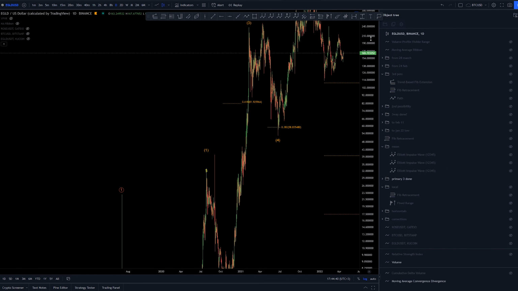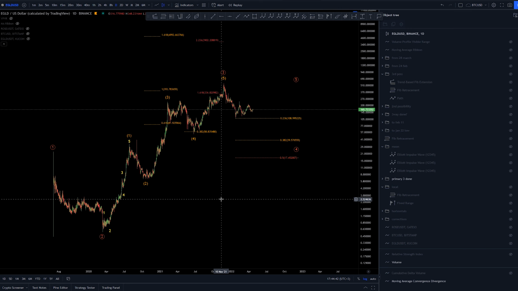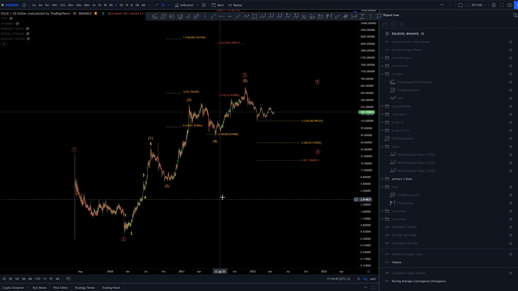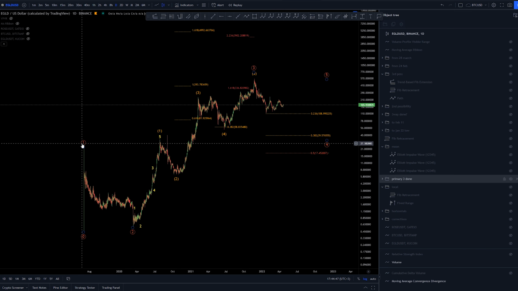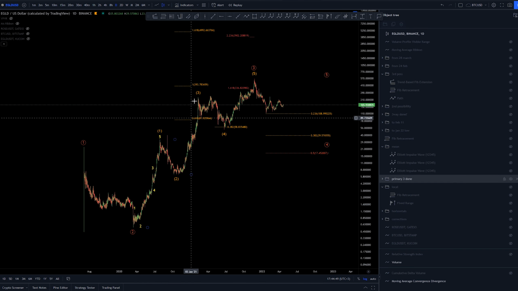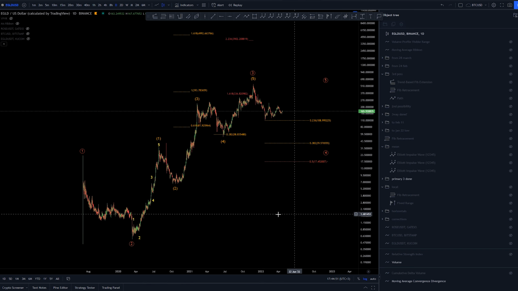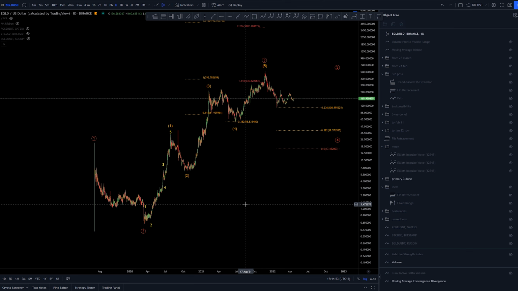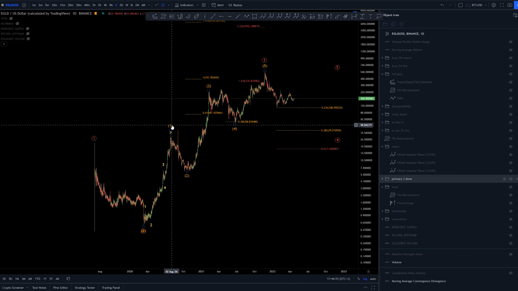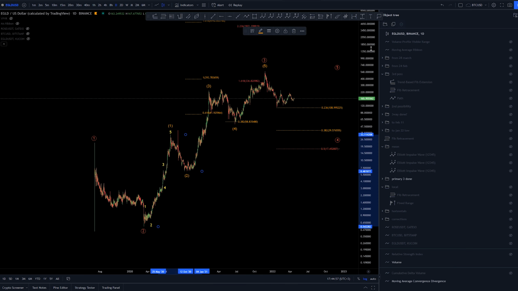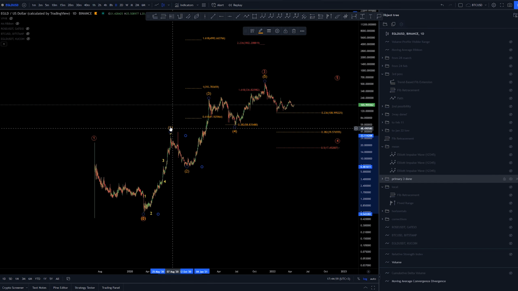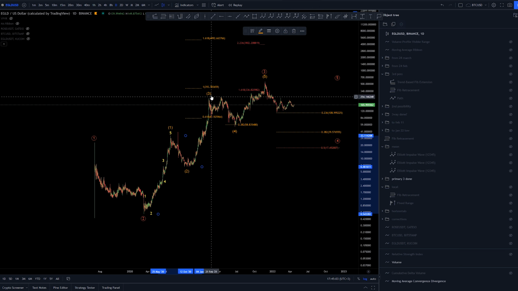So there are a couple of different ones. This is the first one I want to share, and this is just saying 1, 2, 3, 4, 5. Now the thing that I don't really like about this is that wave 3 here is nowhere near the 1.618. Wave 1 looks very large on this scale. It is larger than wave 3.